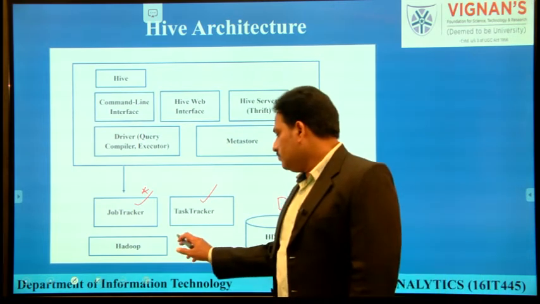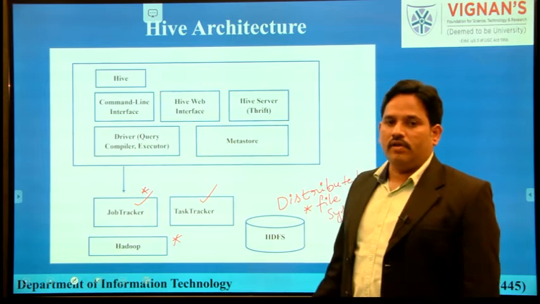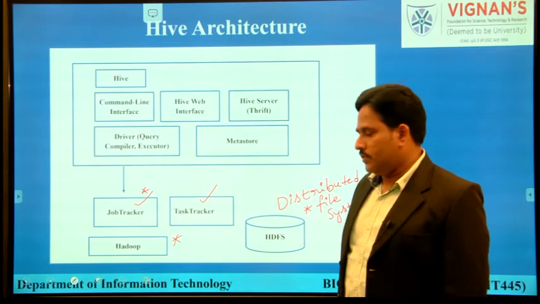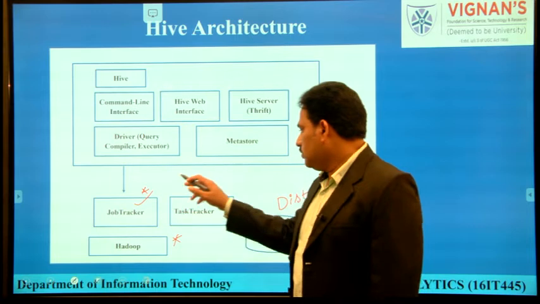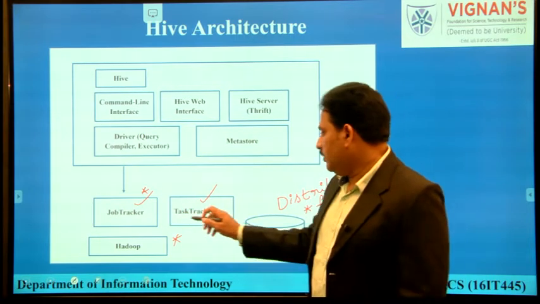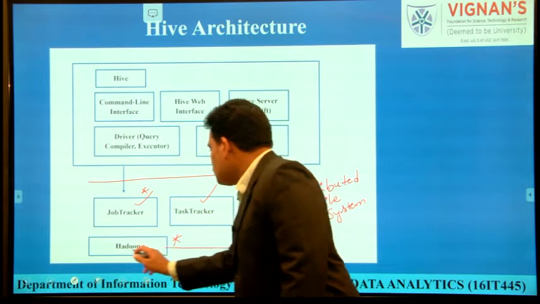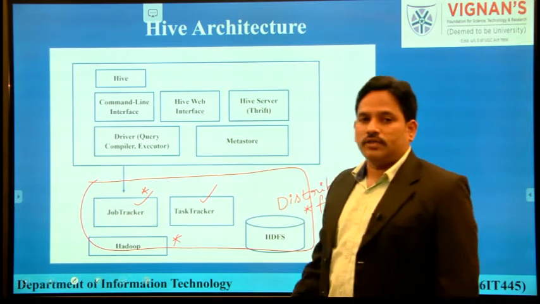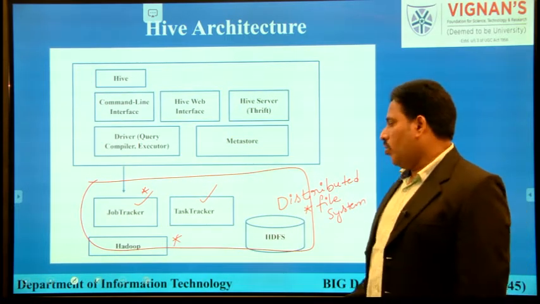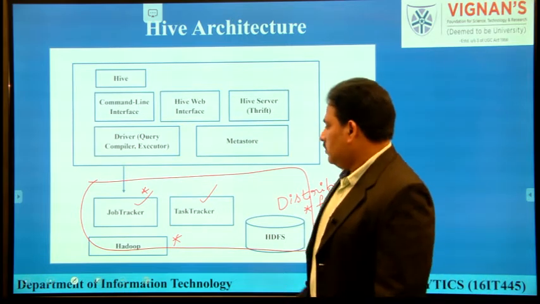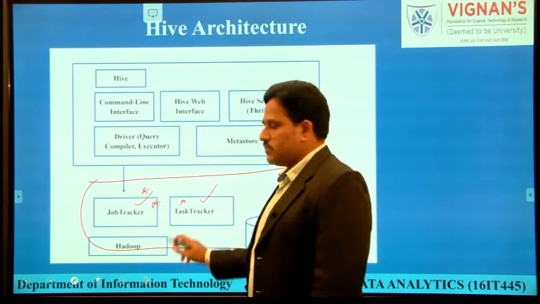Here the background is Hadoop. As we discussed, Hive will work on top of the Hadoop environment. So this is the backbone of the storage environment. In this environment, we store all the files in a distributed fashion, and every node and every job is monitored and scheduled using job trackers and task trackers.